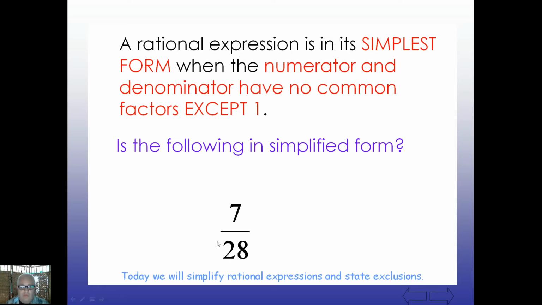This can be reduced. They both have a common factor of 7. That's something other than 1. How about 2x/5? Well, I see an x and a 2 in the numerator and a 5 by itself in the denominator, so no, we can't reduce that. But what about 2x/5x? Do you see that the numerator and the denominator contain an x, so we could reduce this down to simply 2/5.